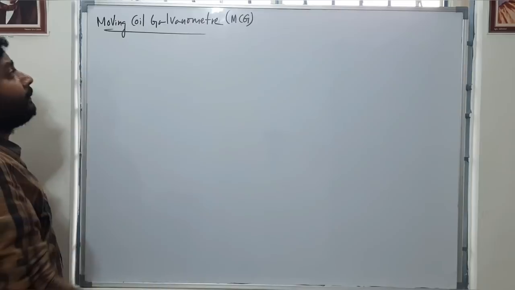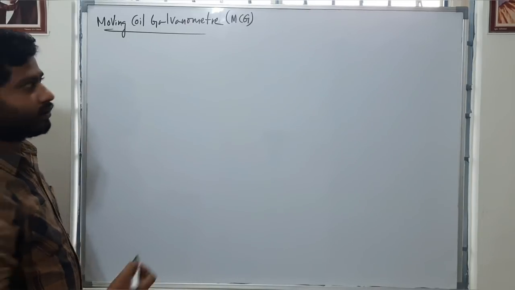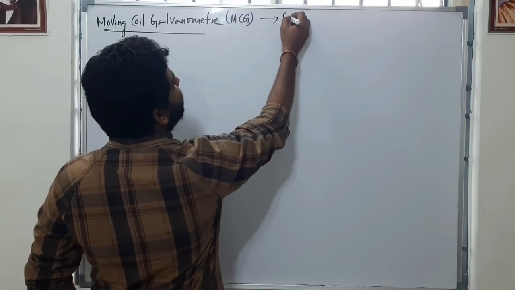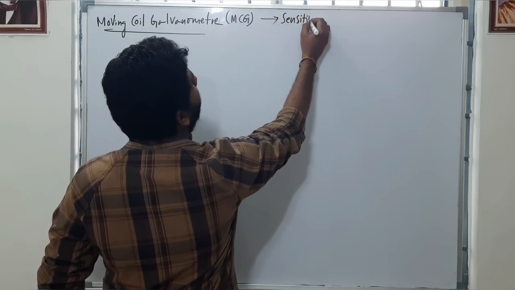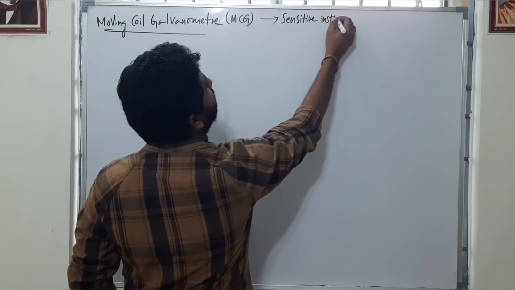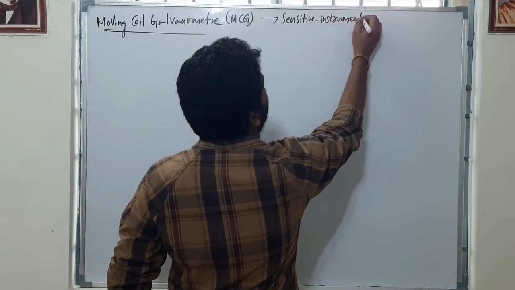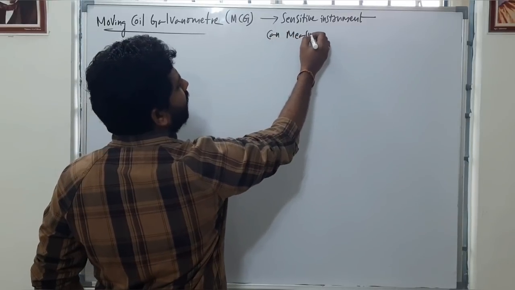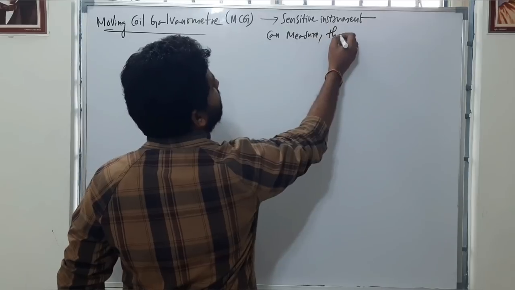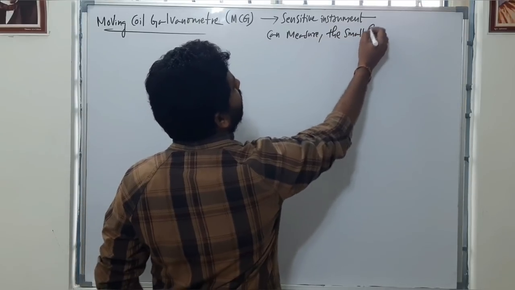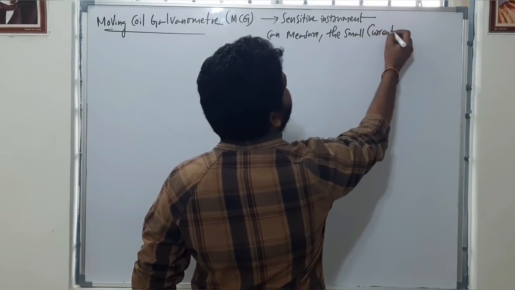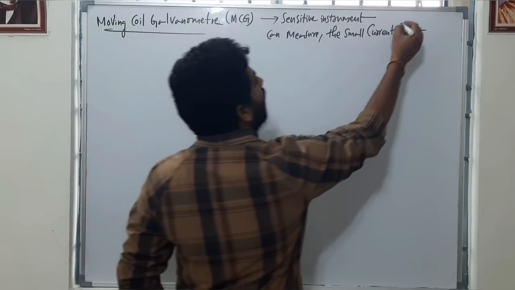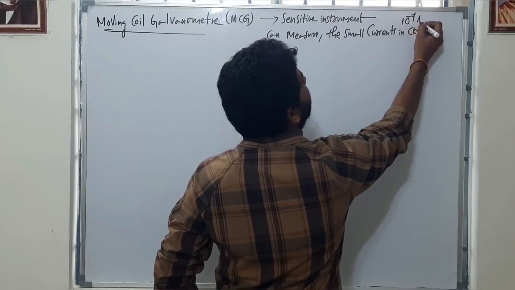Now let's start. So why this moving coil galvanometer? This is the moving coil galvanometer. It is a sensitive instrument which can measure the small currents in a circuit, of order 10 raised to minus 9 ampere.